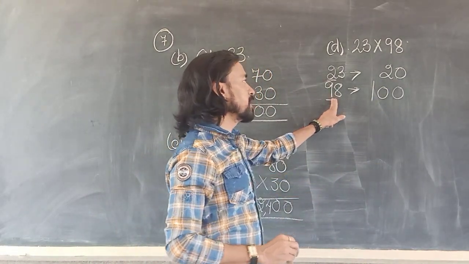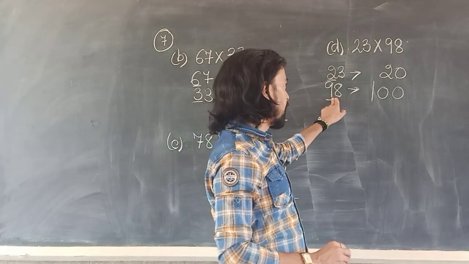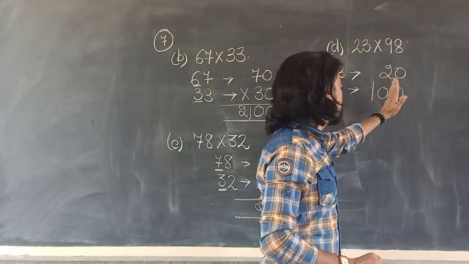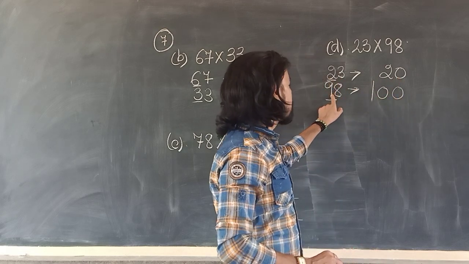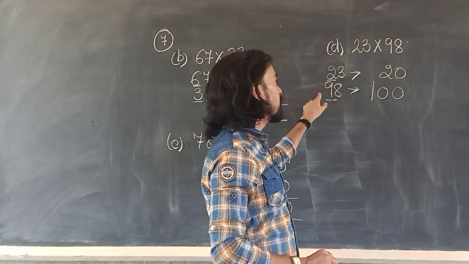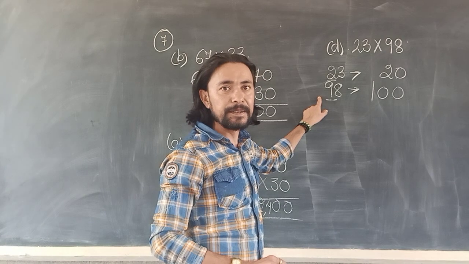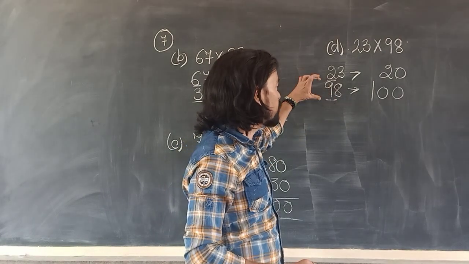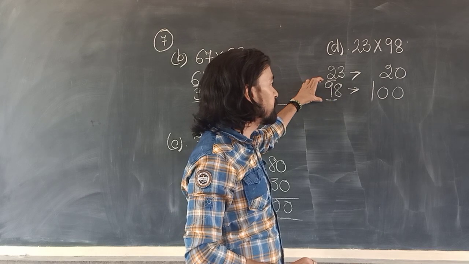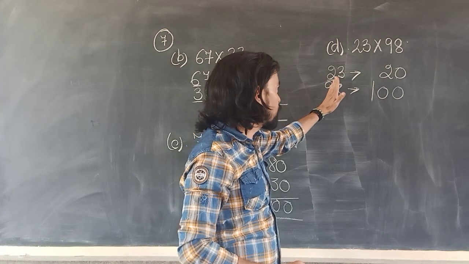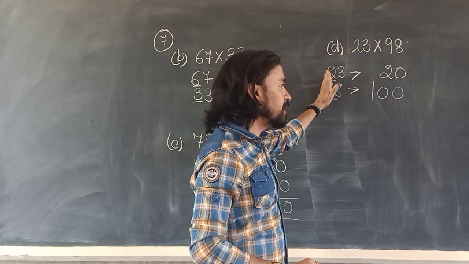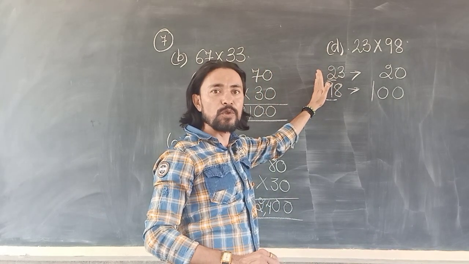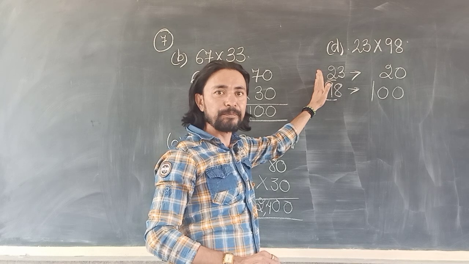Remember, whenever 9 is changed to 10, the 8 changes to 0, but because 9 changes to 10, that 1 goes into the hundreds place value. A single digit has become a double digit, so naturally the 1 that is increased goes to the next place value, the hundreds place value.